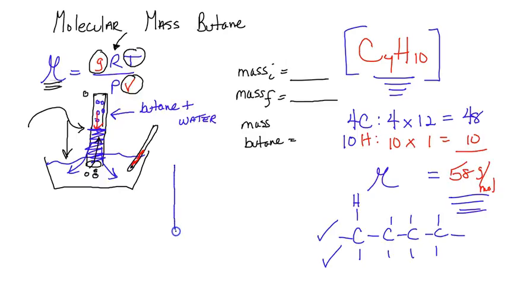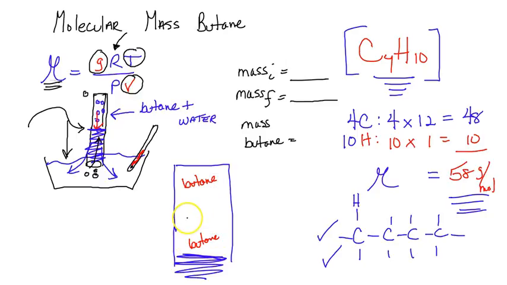So if I was to build up that flask, and this would be the water coming down, we would have our butane gas, just write it as butane. But then we're also going to have some water molecules in here. Now, I'm showing a 1-to-1 ratio, but there's going to be a heck of a lot more butane, with just some molecules of water.